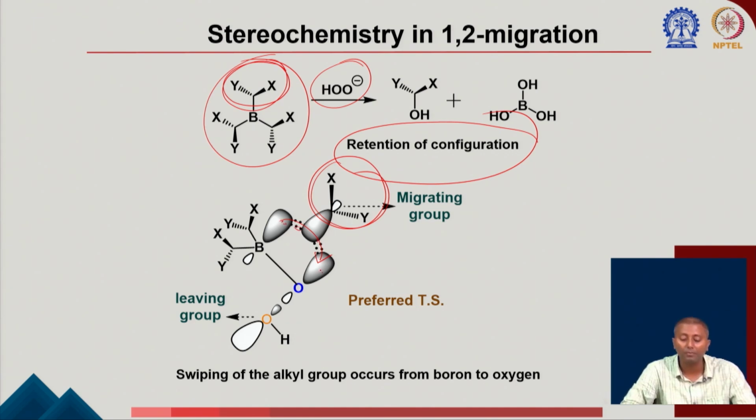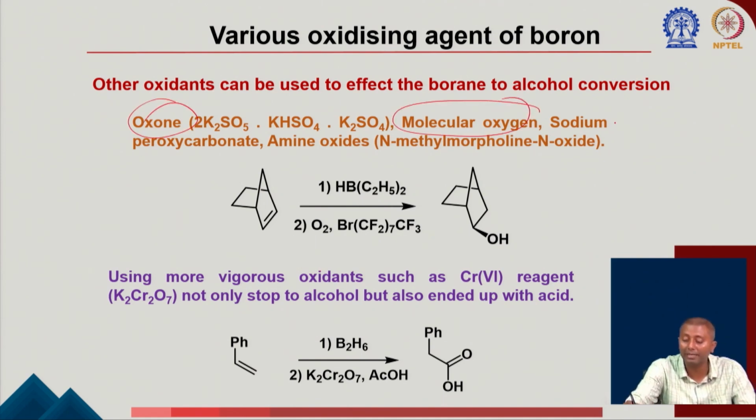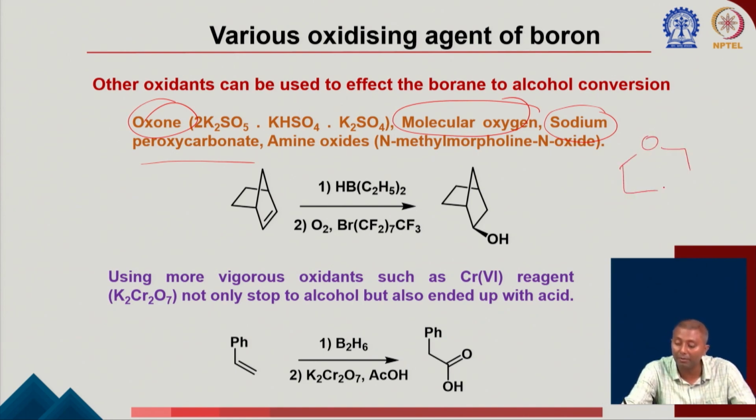Not only H2O2 works; there are other oxidants like Oxone, or molecular oxygen can also oxidize the boron to the alcohol, as can sodium peroxycarbonate and amine oxides, like N-methylmorpholine N-oxide. Several different types of N-oxide have also been developed. You can think about how this works.